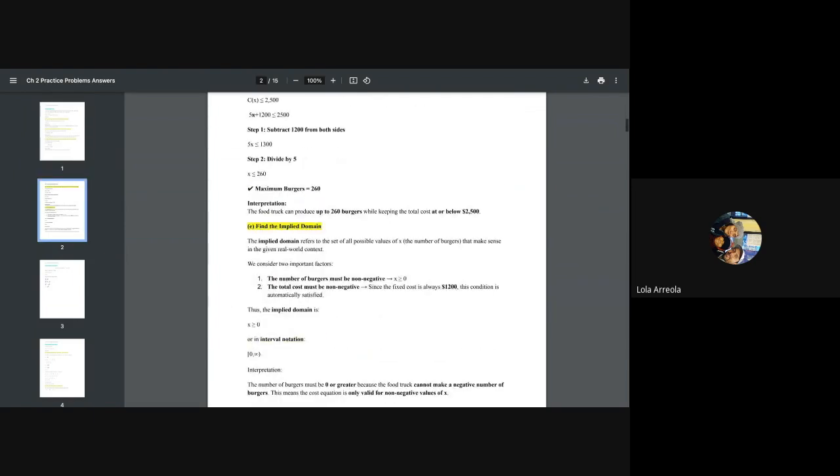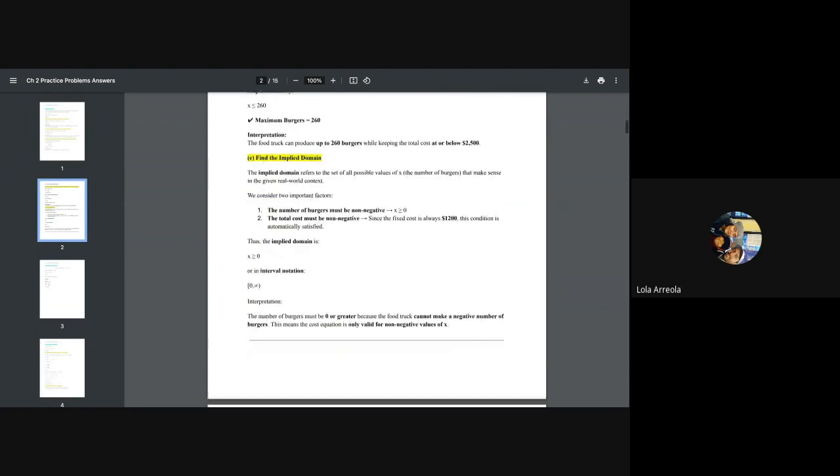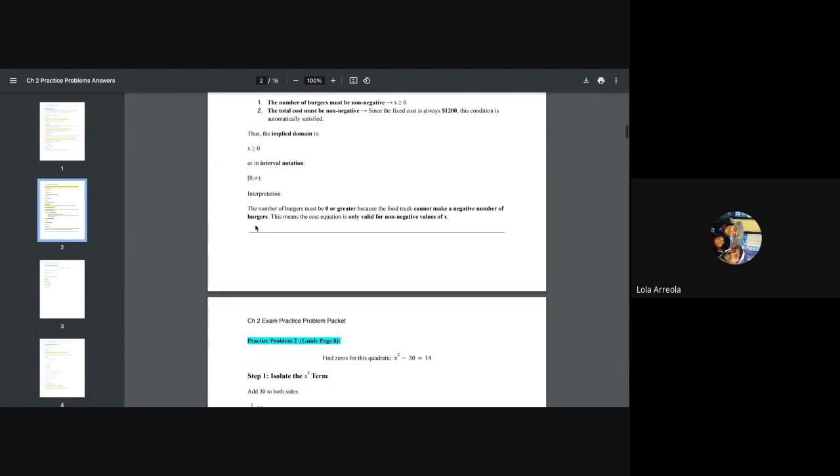I can't have negative burgers. So the implied domain is just telling me, okay, I have to think a little bit logically. X cannot be negative, so I would represent that like this. X has to be greater than or equal to 0. And if I were to write this in interval notation, I could graph this on a number line and see that it's 0 to infinity.